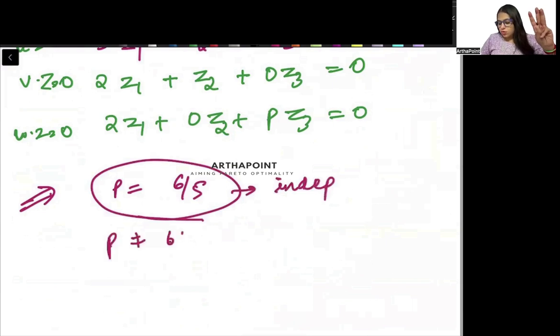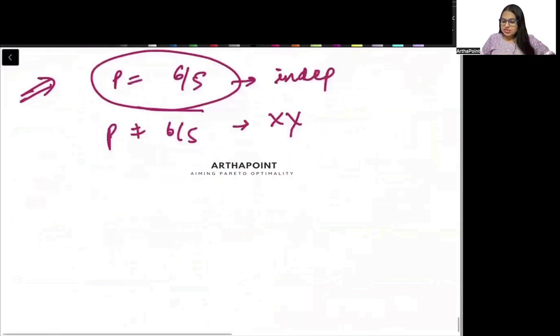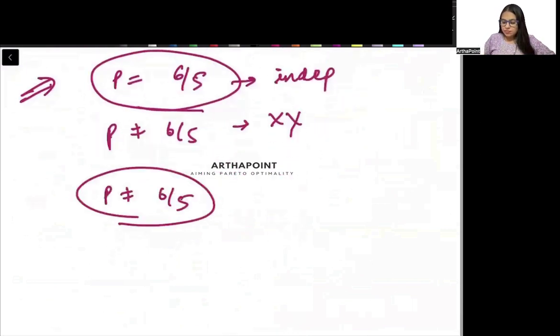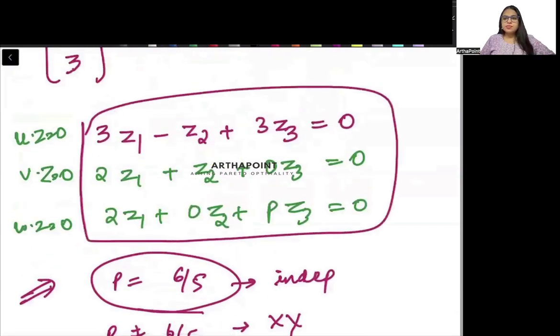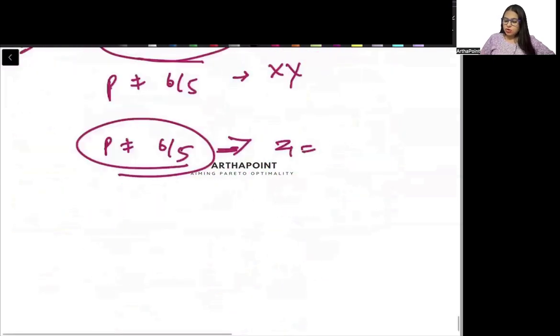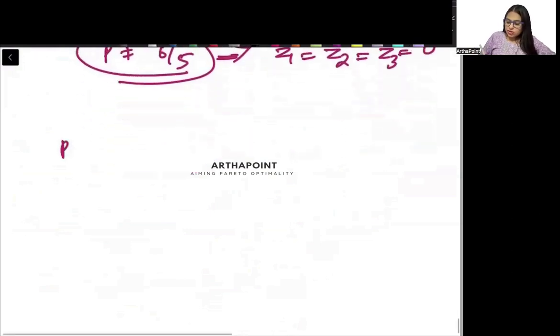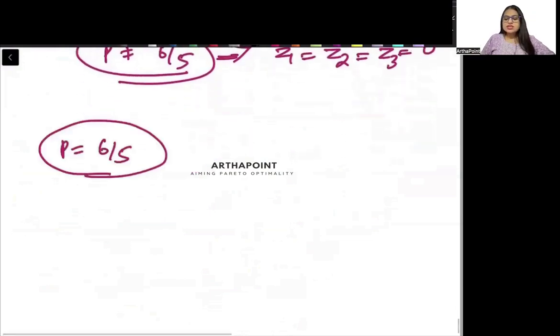If P is not equal to 6 by 5, then they will be independent, and the only thing that will solve these 3 equations will be Z1 equal to Z2 equal to Z3 equal to 0. And let's say that I tell you that P is 6 by 5. That means these equations are linearly dependent on each other.